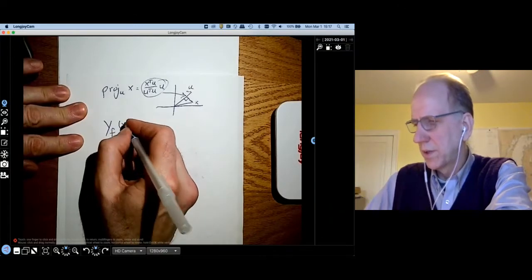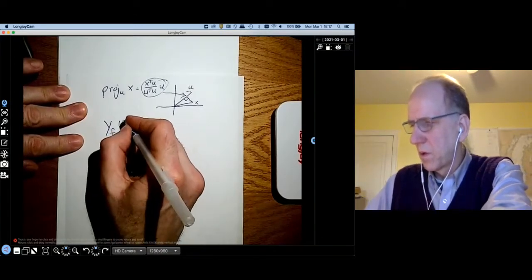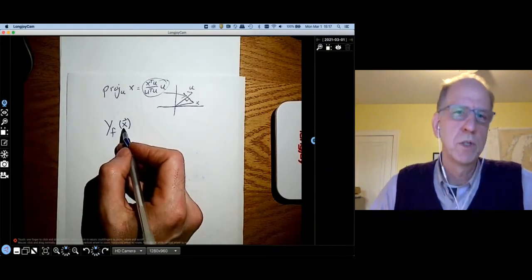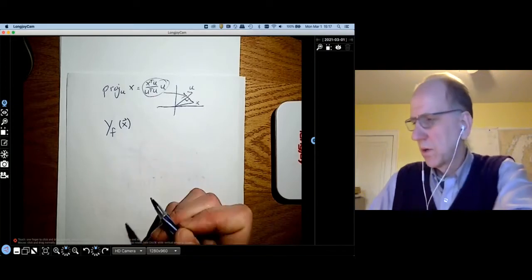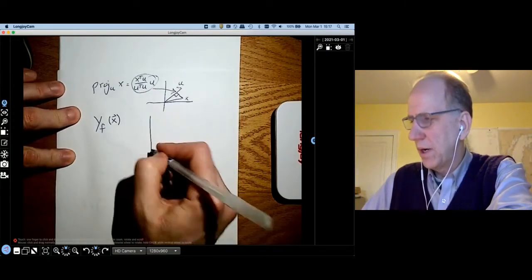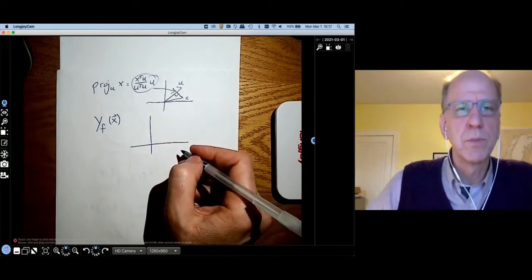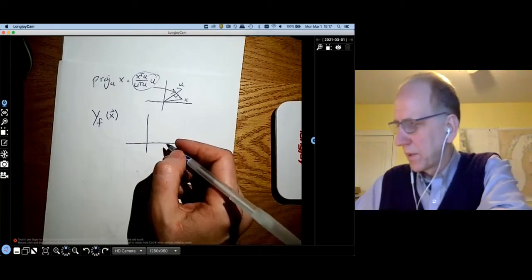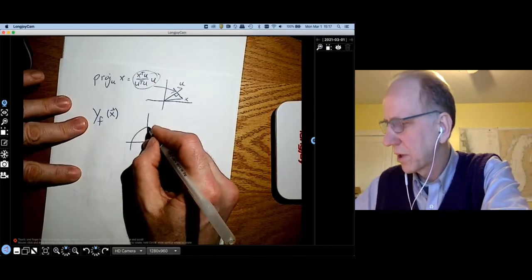We're going to call this y sub f at x, which is a vector. So let me draw it, and then what we'll do is come back and look at the formula. So let's say I have some curve.